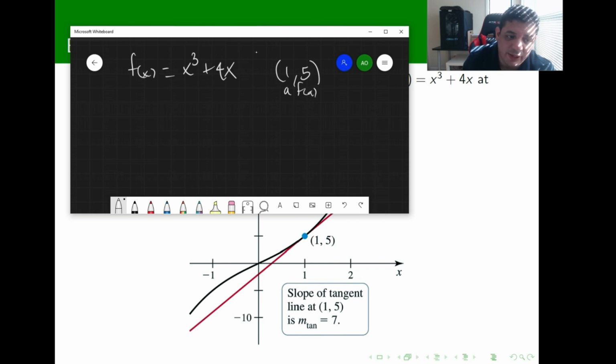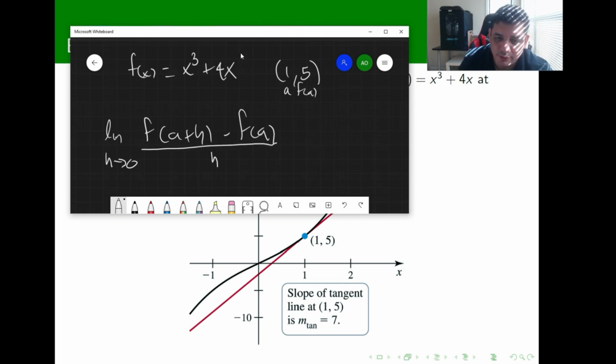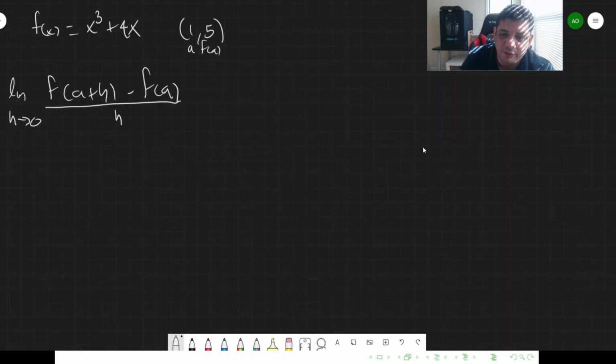Okay. So now let's use the limit that we were taught. So we take the limit when h goes to 0 of f of a plus h minus f of a over h. Okay. But now we're using the point that we have. So a is equal to 1.